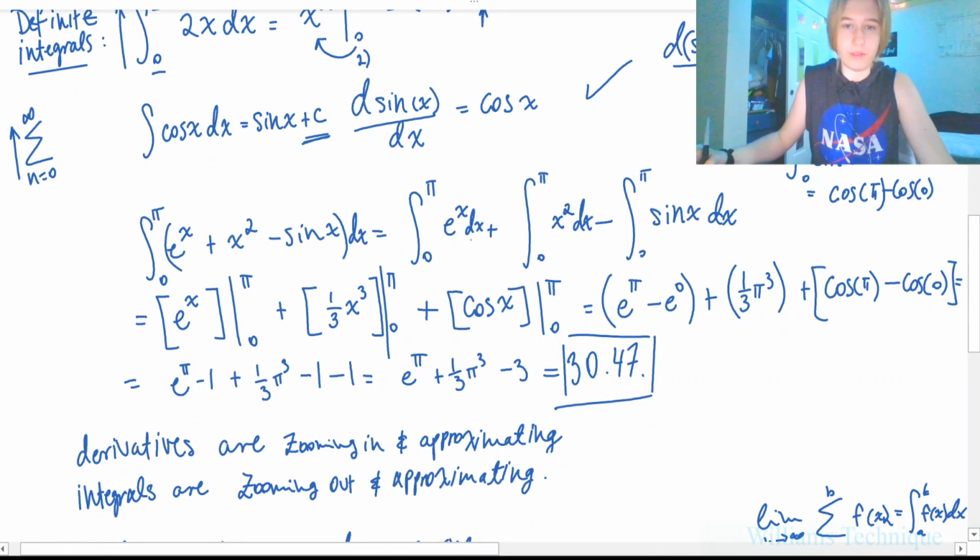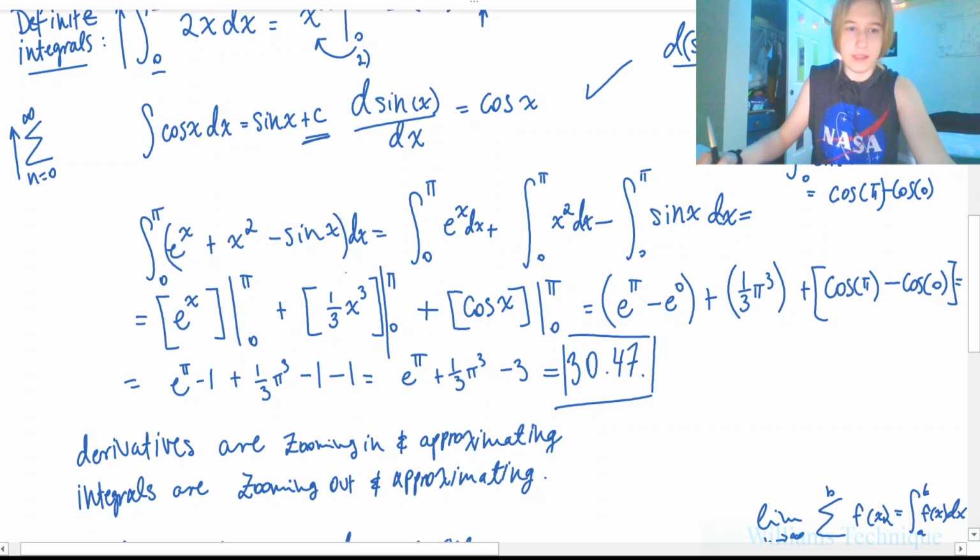As we know, the derivative of e to the x is just e to the x, so the integral of e to the x is just going to be e to the x. So now we have the integral from 0 to pi of e to the x dx plus the integral from 0 to pi of x squared dx minus the integral from 0 to pi of sine x dx.